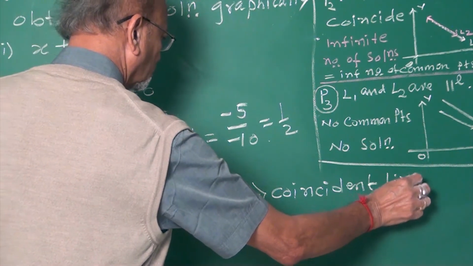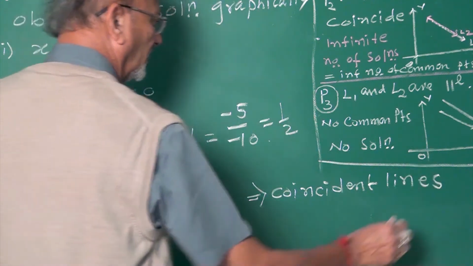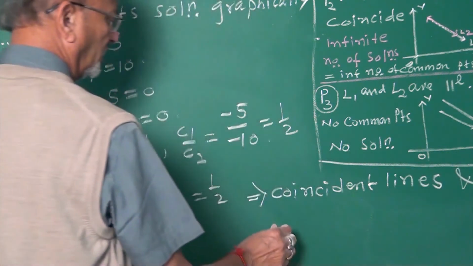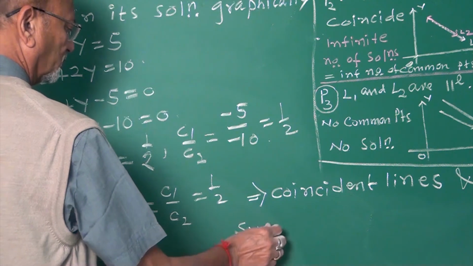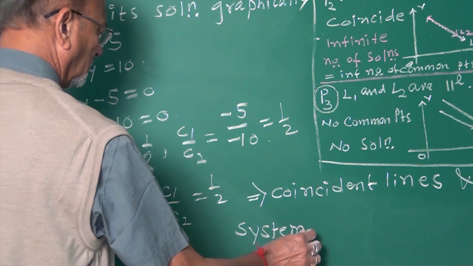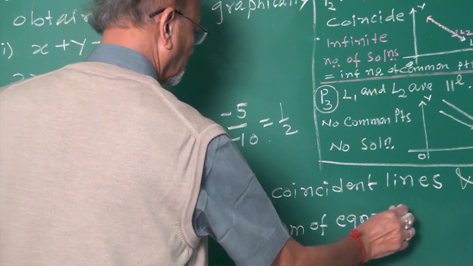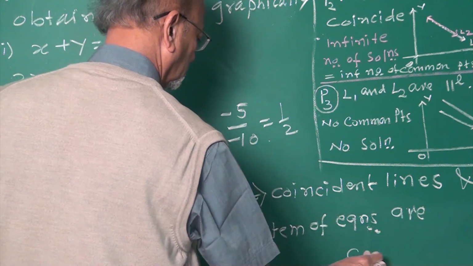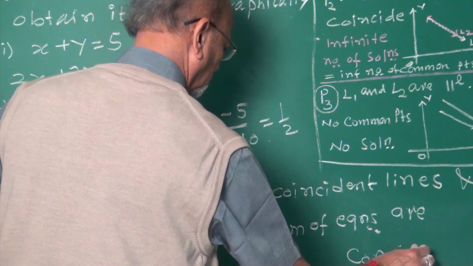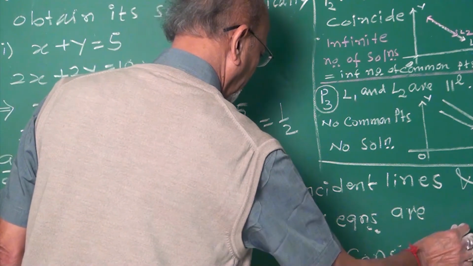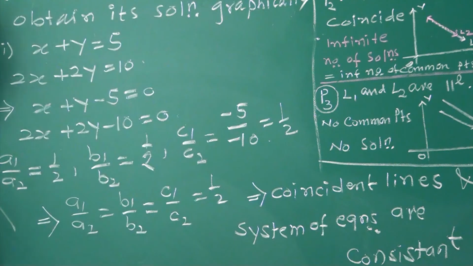Coincident lines and system of equations. Equations are consistent. I told my friends consistent, dependent.